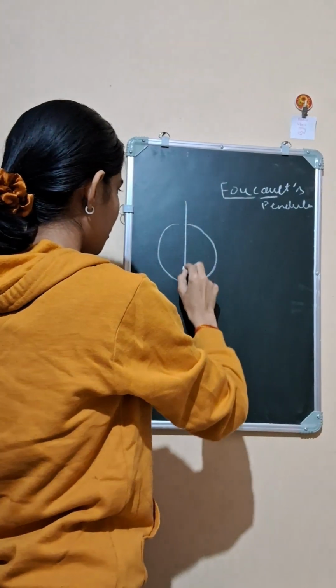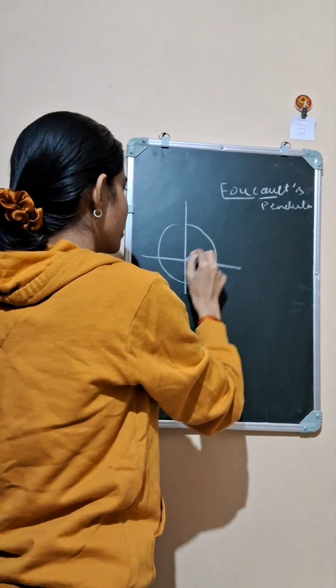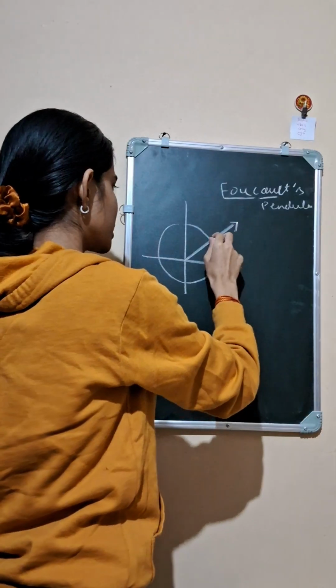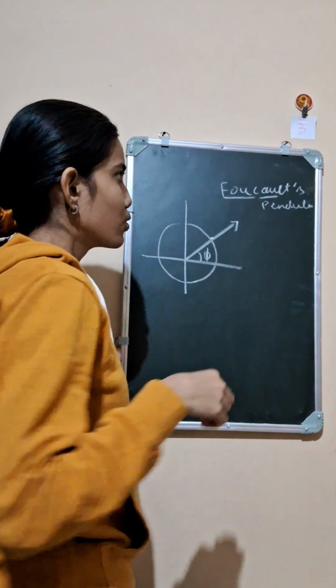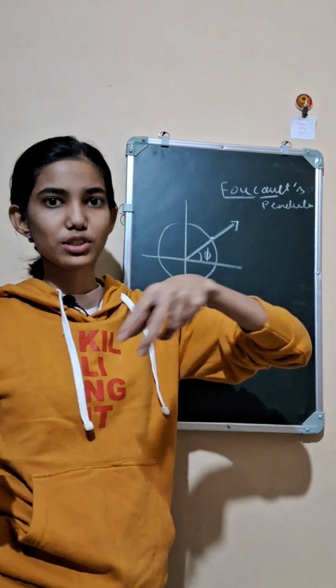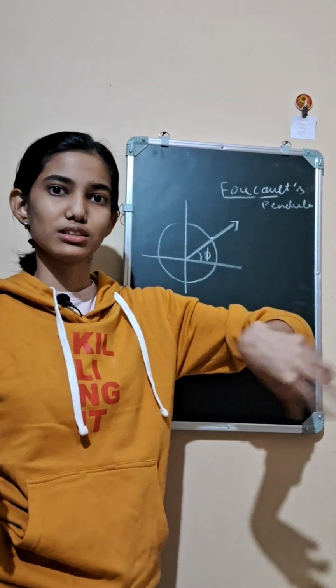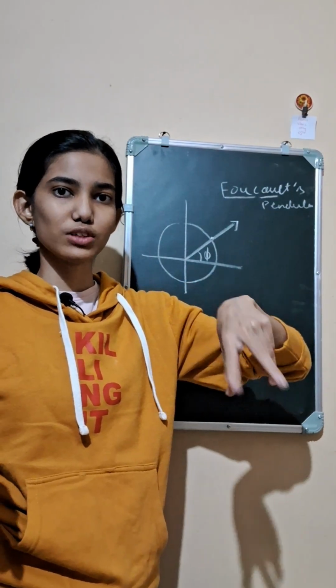So first let us suppose the Foucault pendulum is rotating at a latitude phi, right? We know that the Foucault pendulum is rotating, meaning it has an angular velocity.